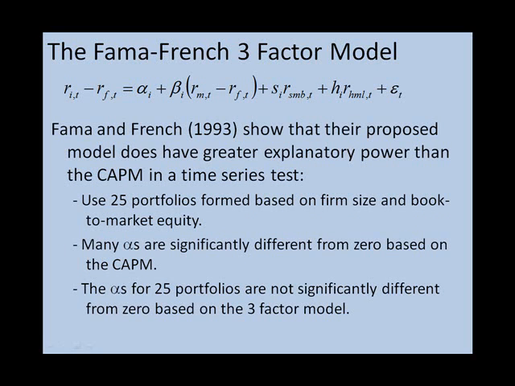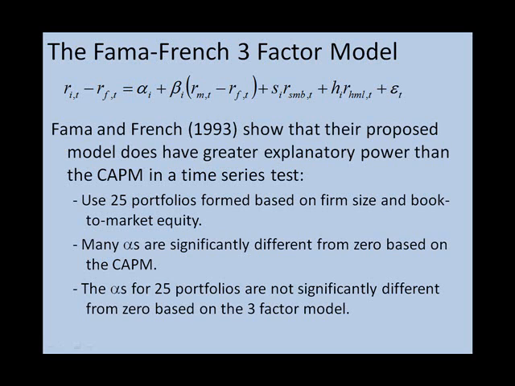When they tested the CAPM, if you recall, they were doing a time series test, and they were testing whether the alpha was equal to 0 or not. Based on the CAPM, the alpha should have been equal to 0 for all of these 25 portfolios. And what we saw was that the alphas actually were significantly different from 0, particularly for firms with high book-to-market ratios, so for value firms.